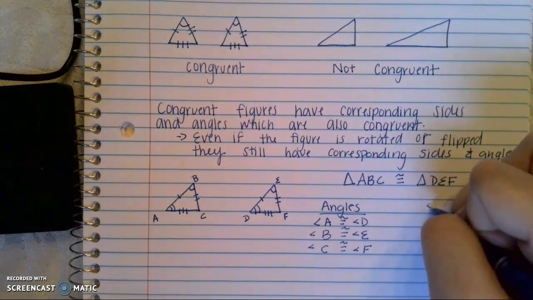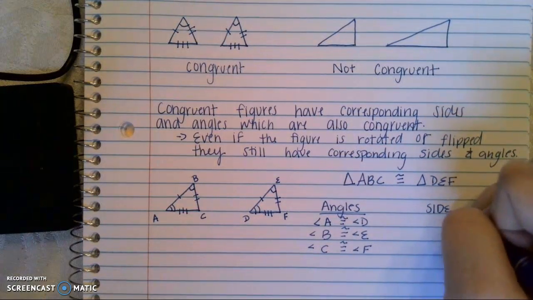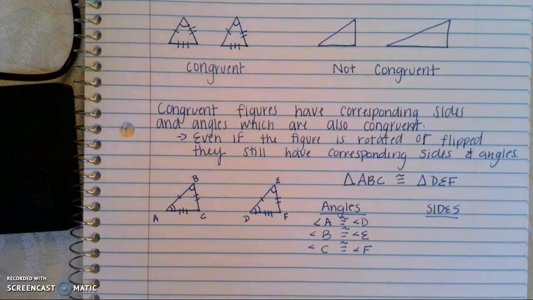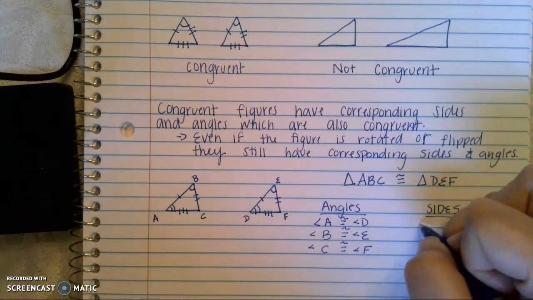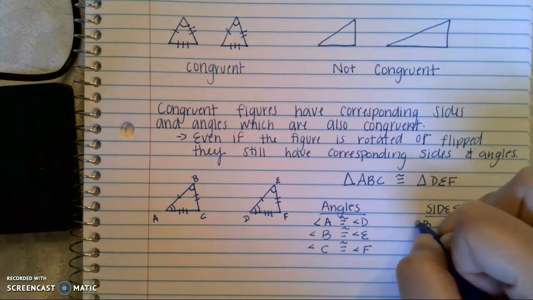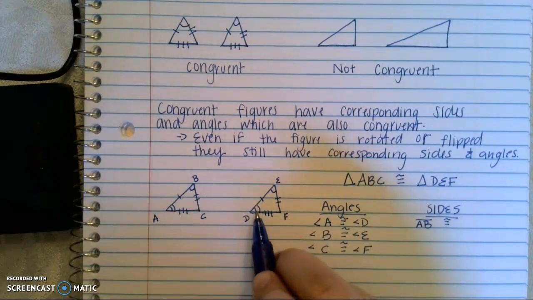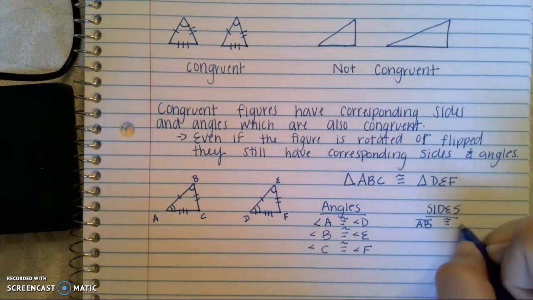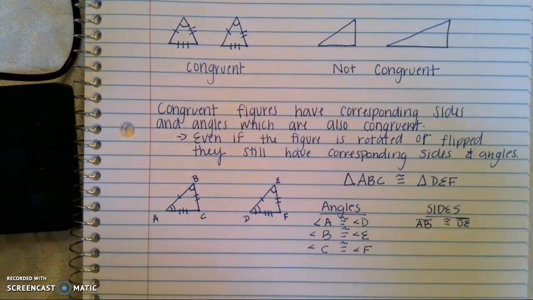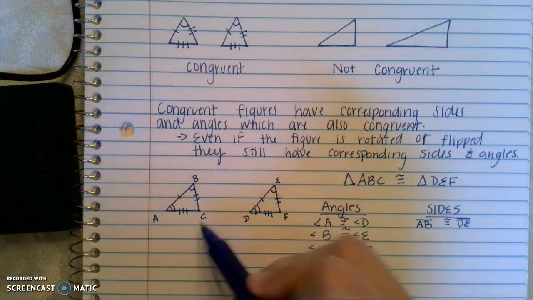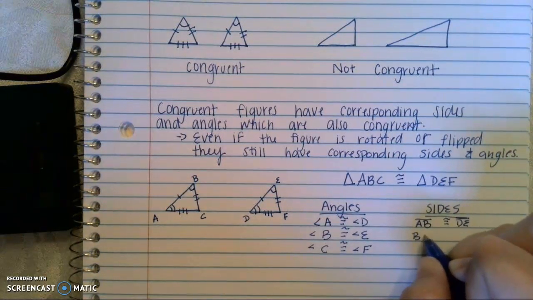We also want to identify our corresponding sides. This is proving that the two triangles are congruent. So side length AB is congruent to side length DE. And it's super important that we watch our order on these. We want to have them in the same order. We do BC going down.